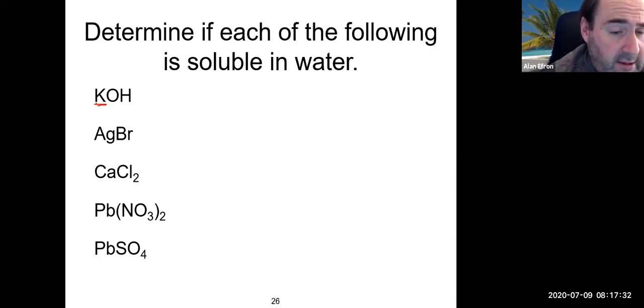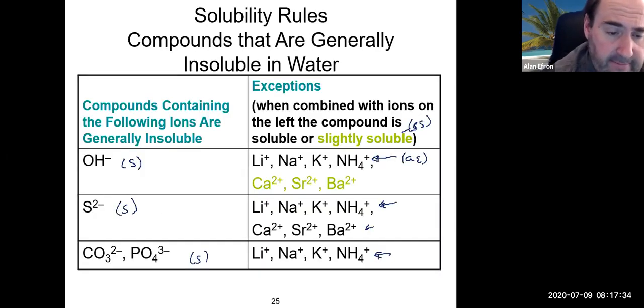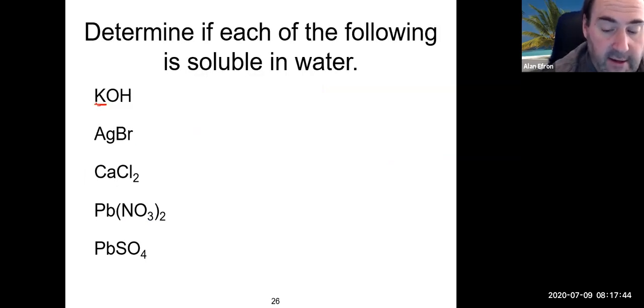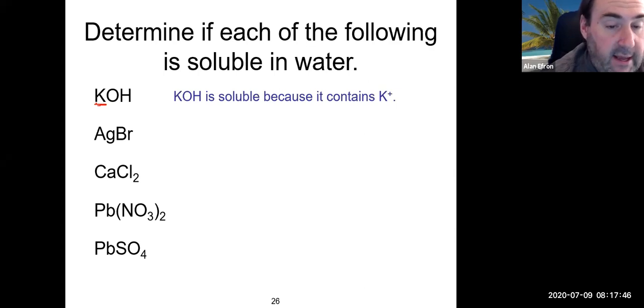You could also go to hydroxide, which we also saw in the table there. You can see that hydroxide is insoluble, except when it's with lithium, sodium, or potassium, which happens to be the case here. So we would expect KOH to be soluble, really because of potassium. But in this particular case, you could have looked at the hydroxide as well.